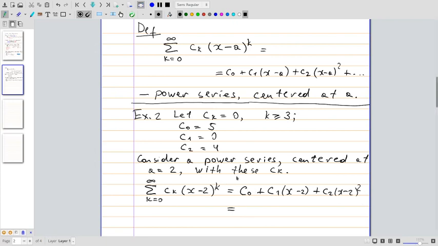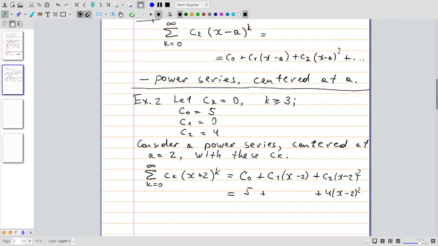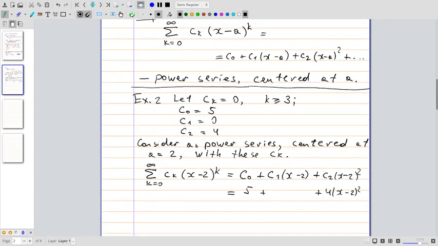When we plug in the numerical values we have here, we end up with 5 plus 0 plus 4(x minus 2) squared. Great. So this particular power series with these c_k's is nothing but simply a polynomial, 4(x minus 2) squared plus 5.